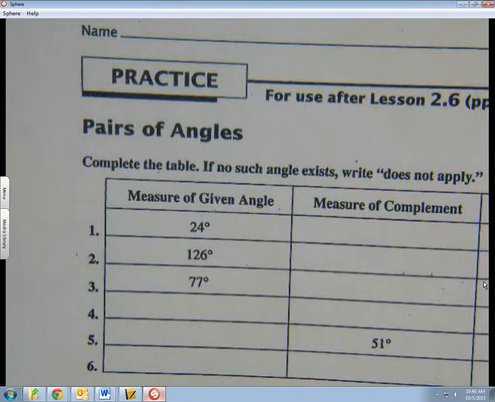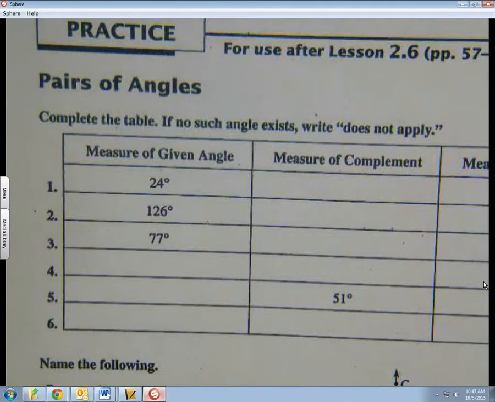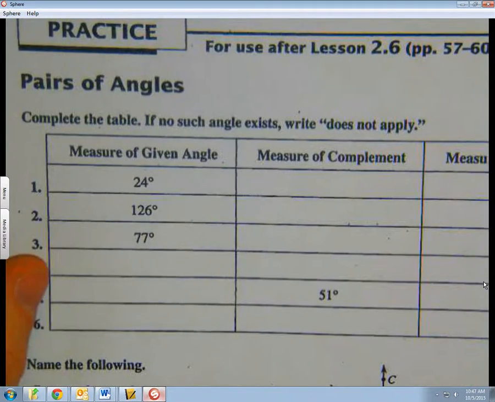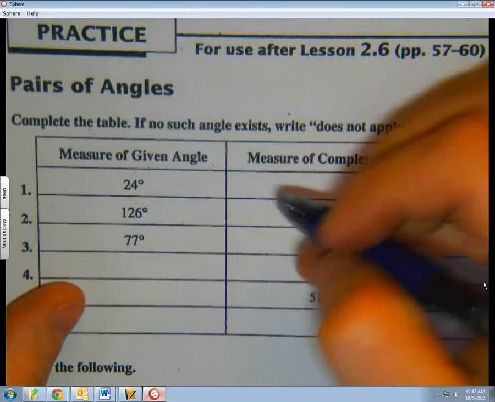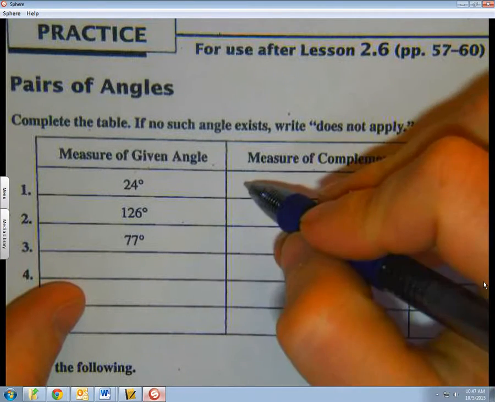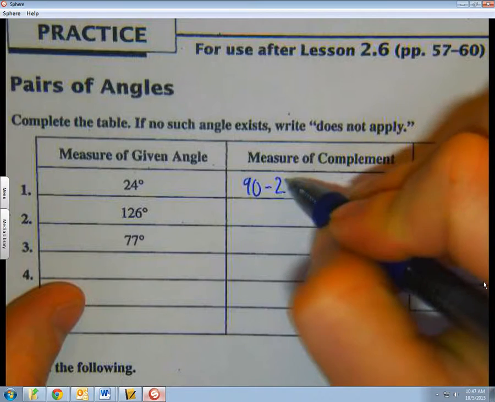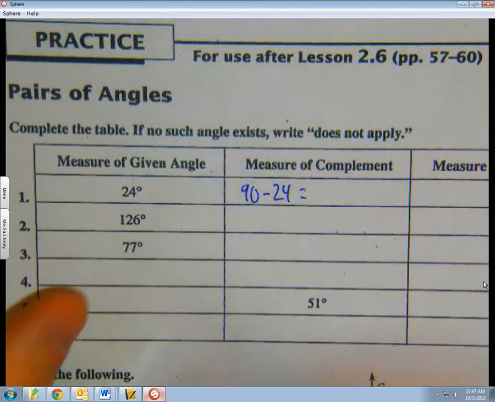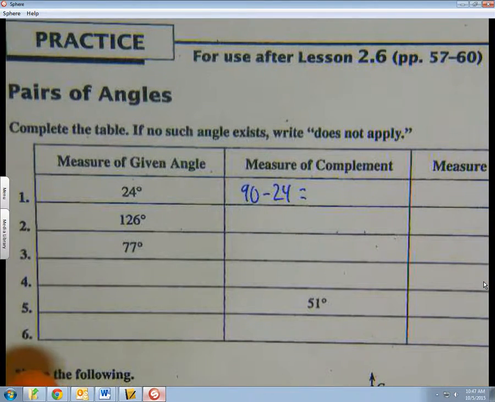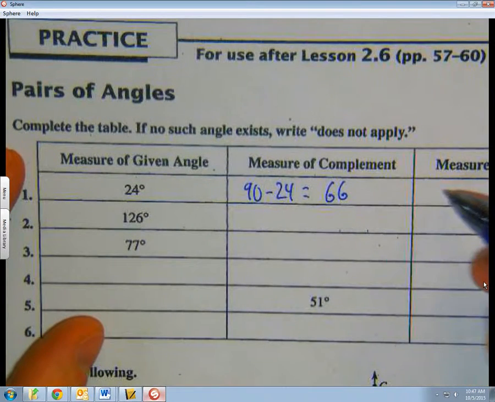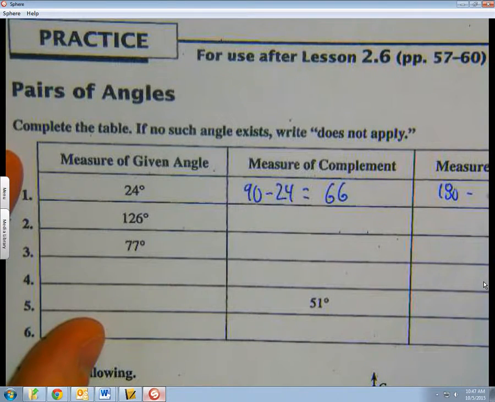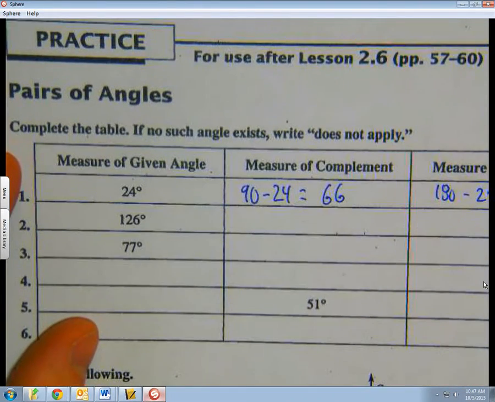Flip this over. Okay, complete the table. So, measure of the angle, measure of the complement. So the complement is 90 minus whatever the angle is. 66, and then this one would be 180 minus 24 is 156.